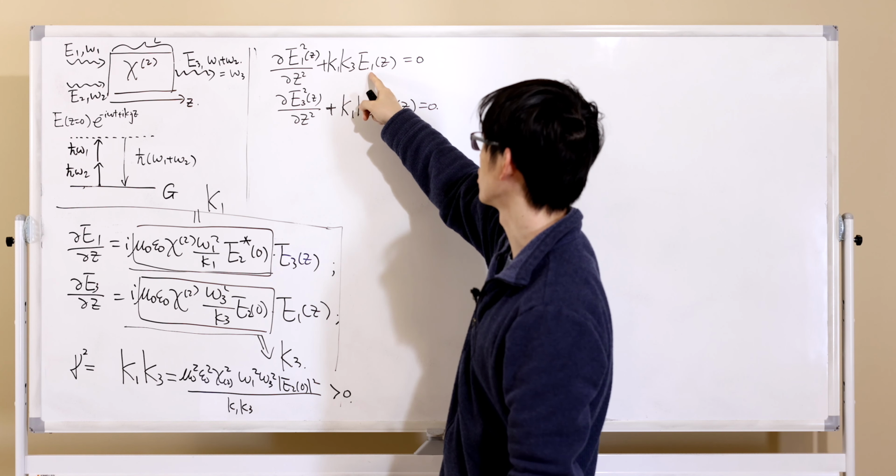So the solution here is that A3 is 0, so you don't have the cosine term. B3 is this term, and times sine, right?